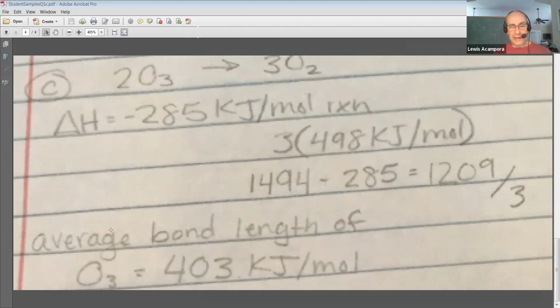This response would certainly earn 1 point, and that's right here, where this is negative 285 plus 1494, and this is actually correct. The only error the student made was dividing by 3 instead of 4, because there would be 4 oxygen-oxygen double bonds in 2 ozone molecules.